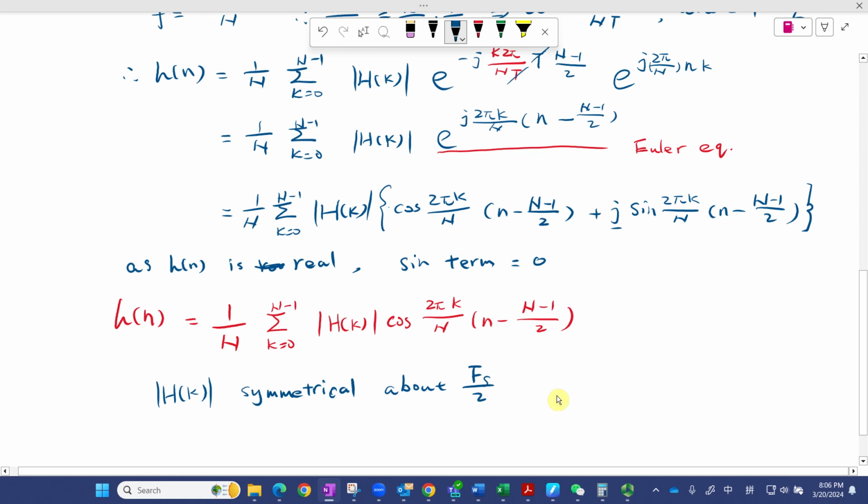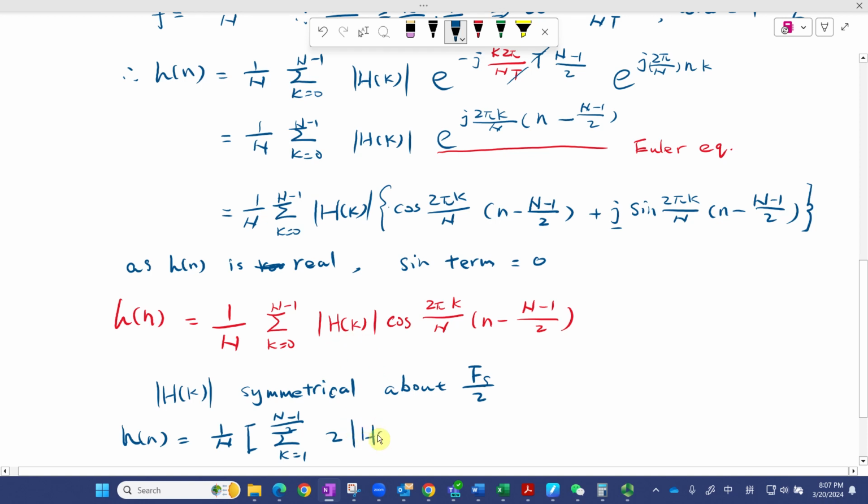That's the sampling property, and it lets you reduce the calculation. We can calculate just half of it. So h[n] equals 1 over N, with k starting from 1, because we'll treat k equal to 0 as a separate term, up to N minus 1 over 2. This one is double that because they are symmetrical.